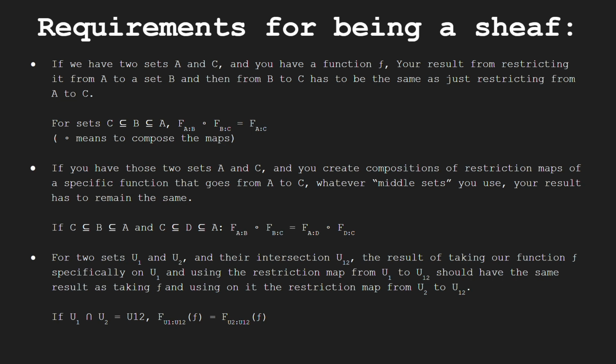For two sets u1 and u2 and their intersection u12, the result of taking our function f specifically on u sub 1 and then using the restriction map from u sub 1 to u sub 12 should have the same result as taking f and using on it the restriction map from u sub 2 to u sub 12.